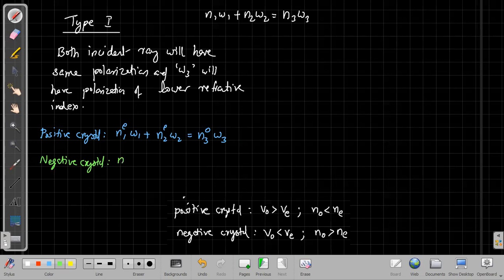So n1O omega 1 plus n2O omega 2 equals n3E omega 3. So we have explained the type 1 phase matching condition. It is present if both omega 1 and omega 2 follow the same polarization.